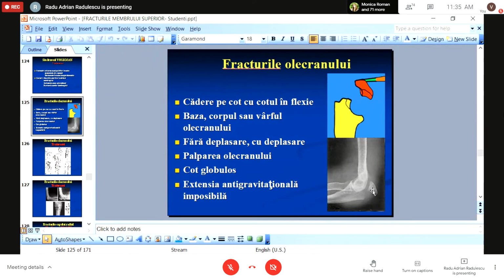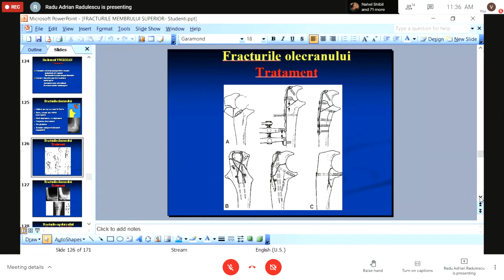That's due to the traction of the olecranon by the triceps muscle. The triceps muscle will pull over this fragment and will give this displaced intra-articular fracture. These fractures, due to the fact that they are intra-articular, must also be operated.